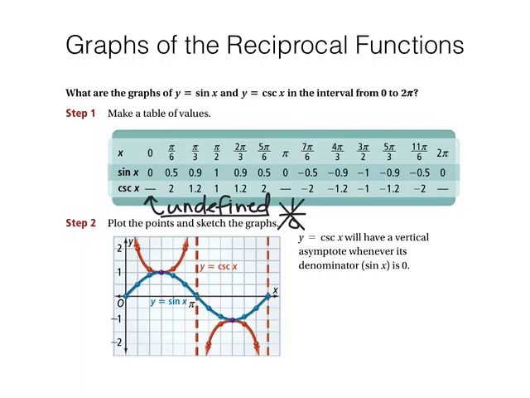So at those places, at 0, at pi, which is another place where the sine is 0, and then at 2 pi, you see that here and here, you get asymptotes, good old asymptotes. So these lines right here are asymptotes because that's where that function is undefined.